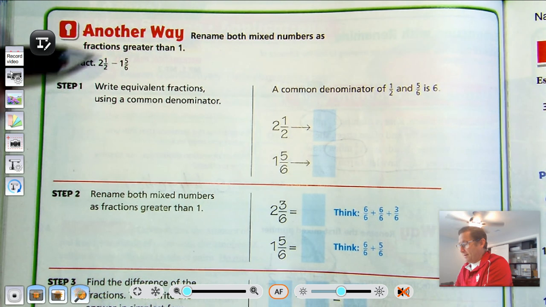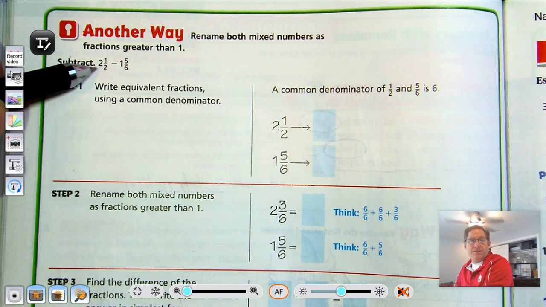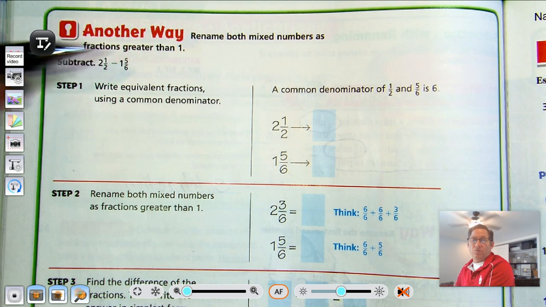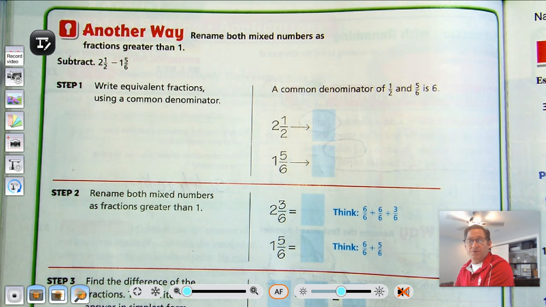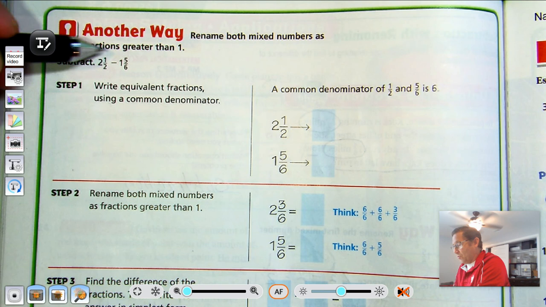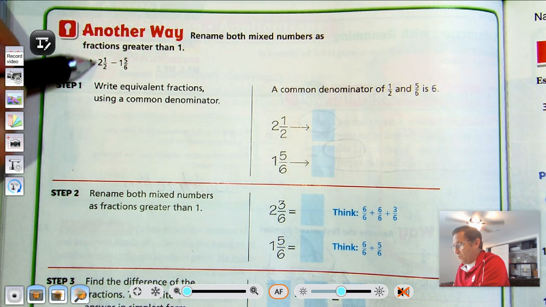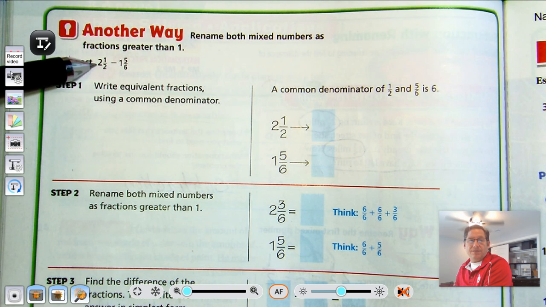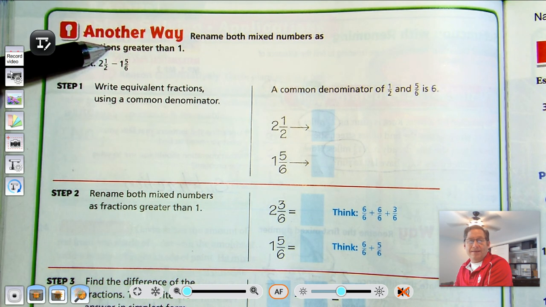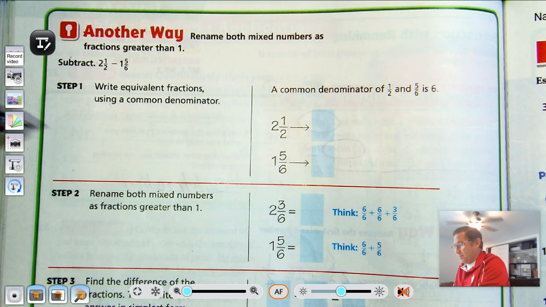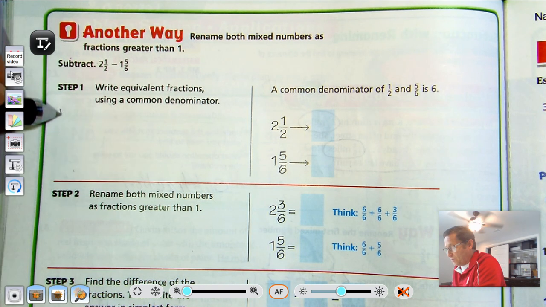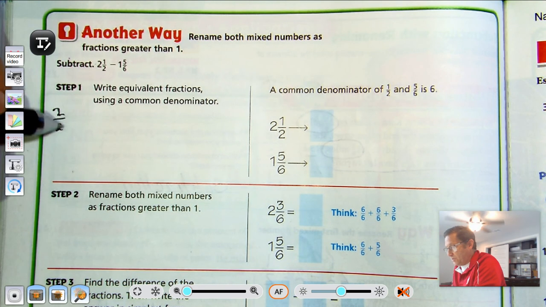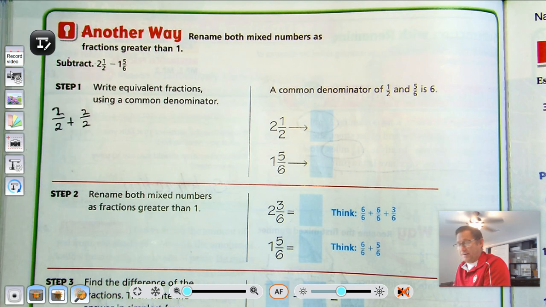So in other words, you remember how to turn this mixed number into what we would call an improper fraction, right? So we can take 2 and 1/2, multiply the denominator times the whole number and add the numerator. Or we can think of 2 and 1/2 as 2 halves plus 2 halves, right?